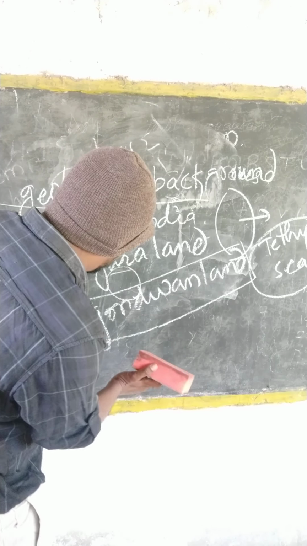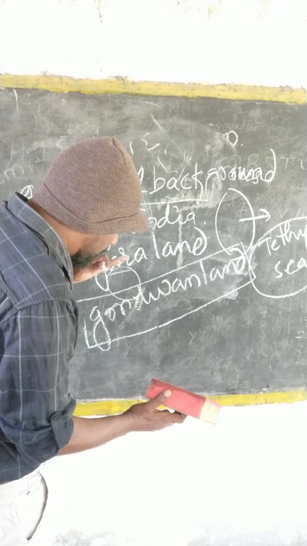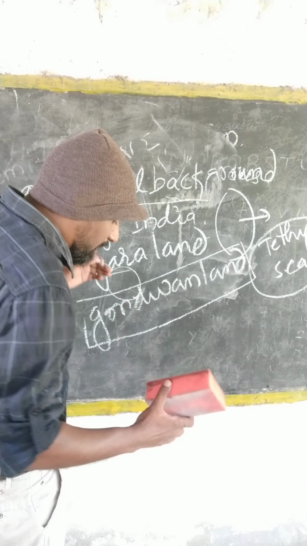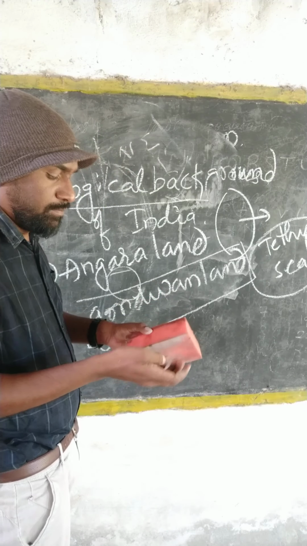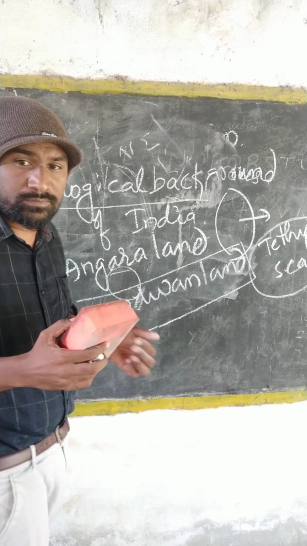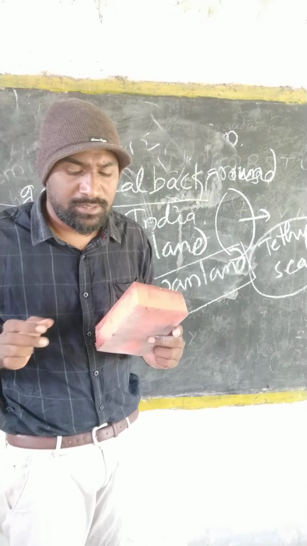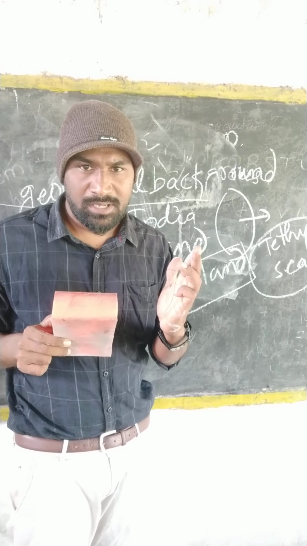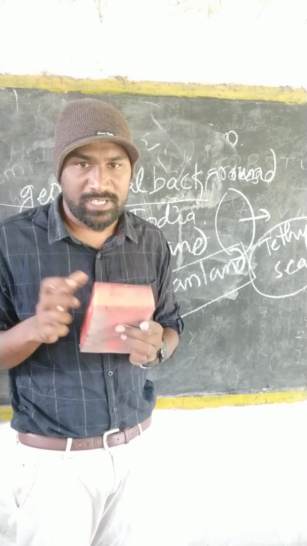So these two plates have internal force between them. Whenever we compress something, for example, the duster in my hand. This is my right side, this is my left side. This is the Angara land and this is the Gondwana land.